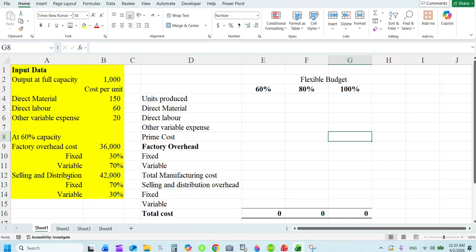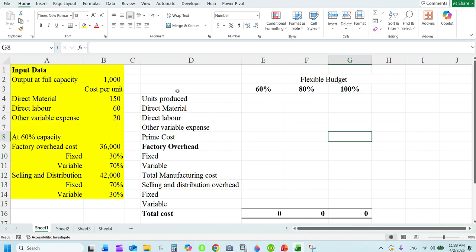As far as selling and distribution cost is concerned, it is 42,000 at 60% capacity level, out of which 70% fixed, 30% variable. So let's now prepare flexible budgets for three different outputs.